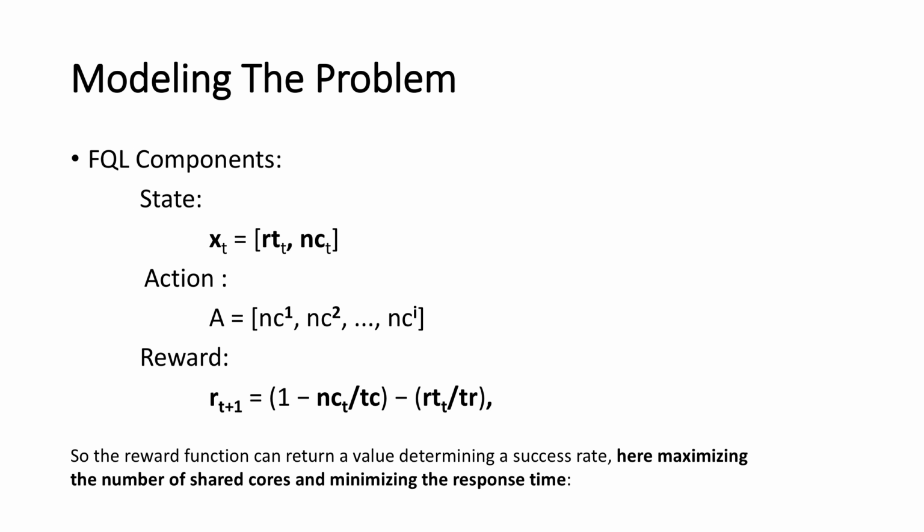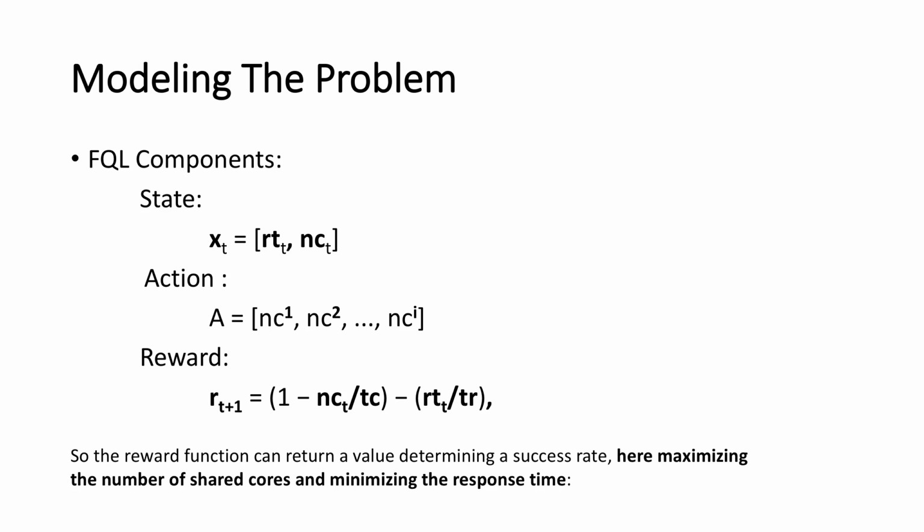The combination of the current response time and the current isolation level in terms of number of shared cores describes each state inside a high quality of service virtual machine. So these two characteristics, response time and the current isolation level, have enough information to represent a predictable application behavior. So you can see the state X is a combination of response time and number of shared cores.